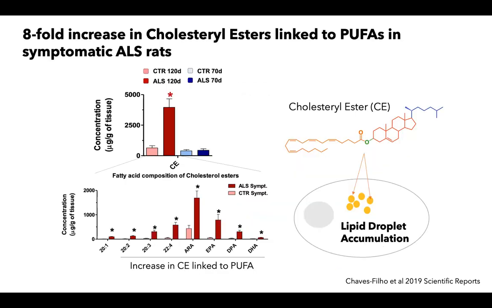And we found quantitatively an 8-fold increase in cholesterol esters that were linked to polyunsaturated fatty acids. And we know that cholesterol esters are neutral lipids that are stored in lipid droplets in the cells. So this increase reflects the increase in lipid droplets in cells in the spinal cord.